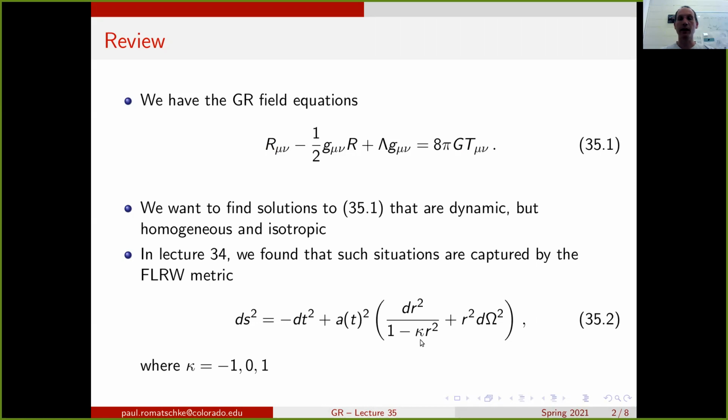Note that this parameter kappa denotes three different cases, where kappa is negative, 0, or 1, and these will have important consequences for the global geometry of the universe that we can be studying.